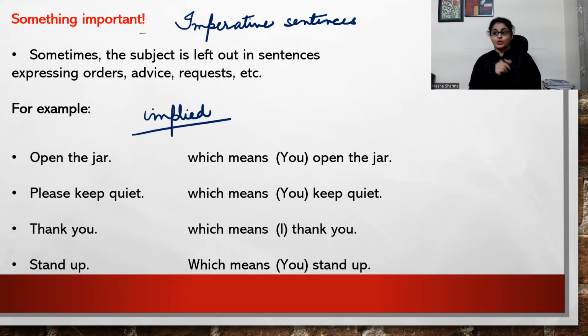So, in case your teacher tries to test your understanding and in the paper she gives you a statement, go there, right? And the question is to identify the subject and the predicate. I'll talk about predicate in another class. But if it is about subject identification, what would be your answer? Will you be leaving that question thinking that there is no subject?